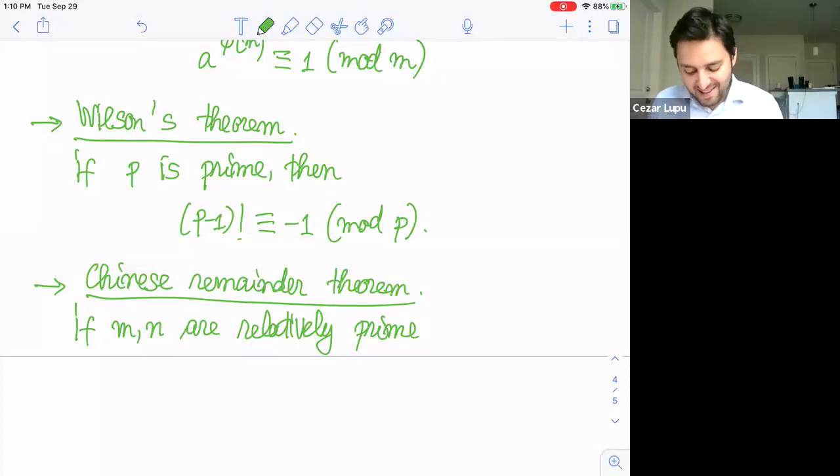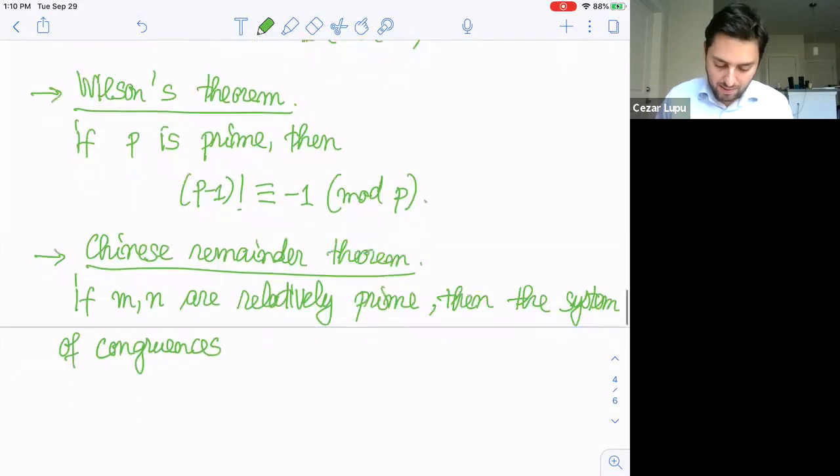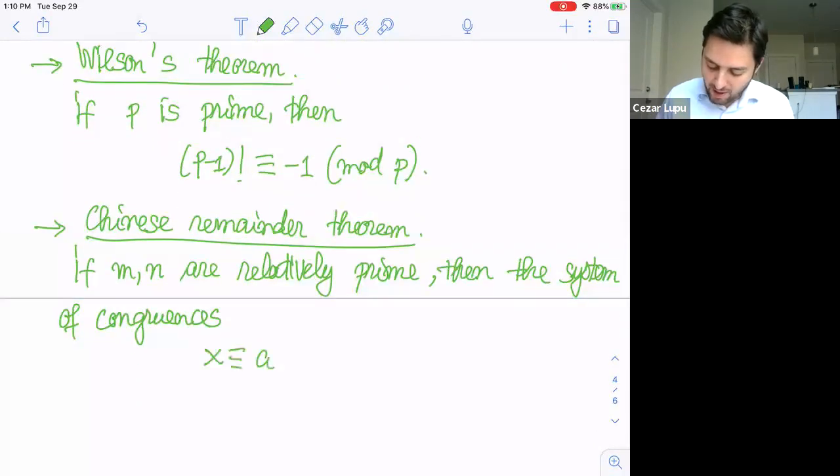So, if M and N are relatively prime, then the system of congruences, let's say X congruent to A mod M, and X congruent with B mod N, right?